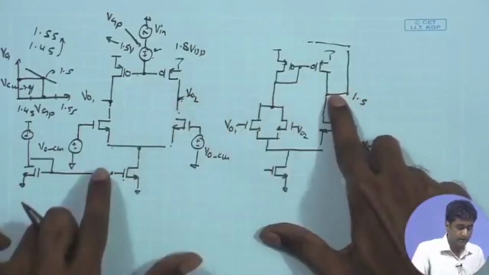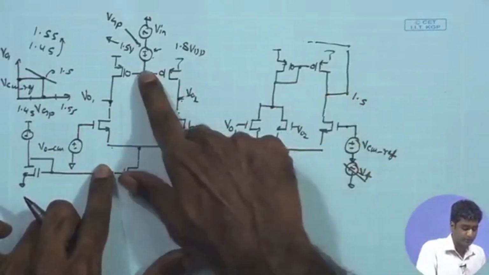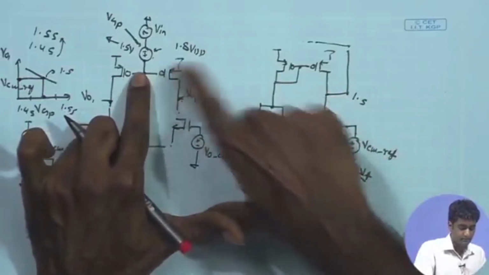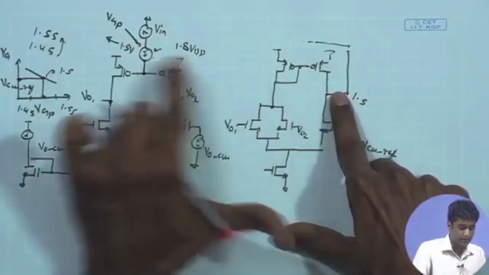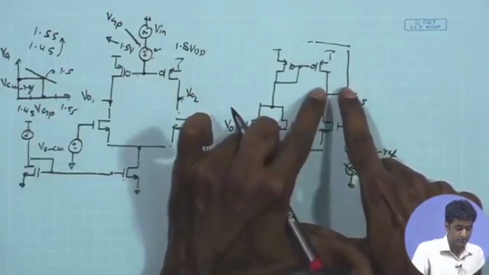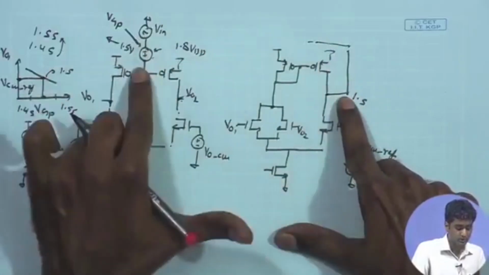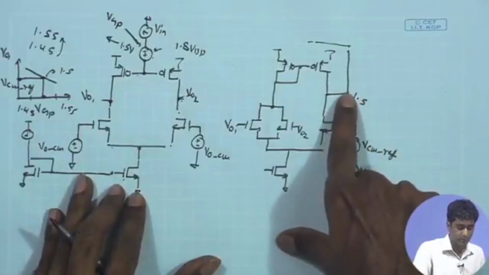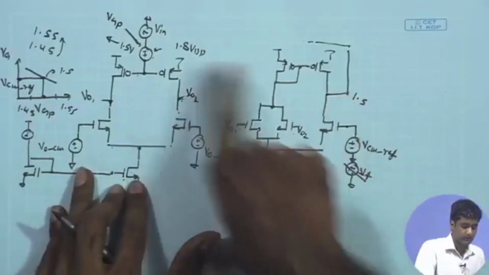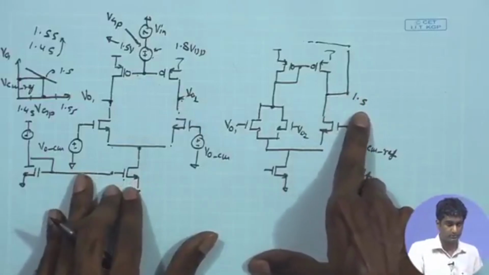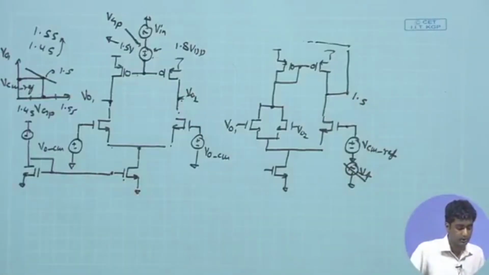However, if I am looking at the Miller effect between this point and this point, after opening the loop, we can see that the capacitance will not be coming in the open loop simulation, because the loop over here has already been broken. So, in order to load this particular point with the capacitor, it will be advisable to put a Miller multiplied capacitance value over here. So, that is one possible solution.